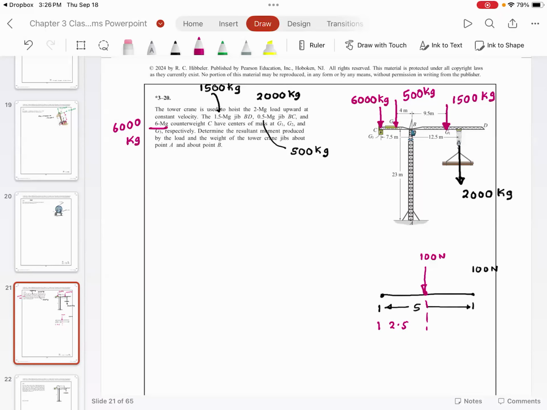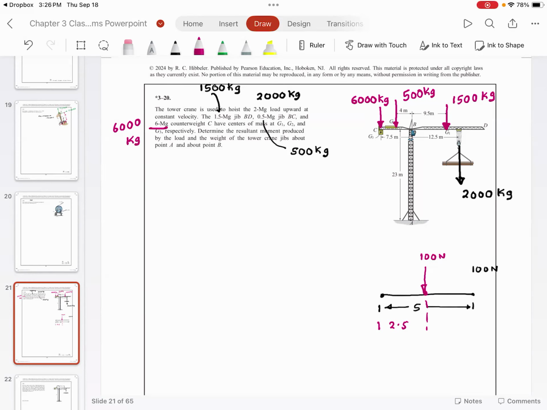Are you with me? I want you to read this problem first, because it's a long problem. You have this tower crane, and typically that is how tower cranes are built. If you go to Tempe, you will see these cranes used for construction. There is always a counterweight at the end. The reason you have a counterweight is to balance the moment.